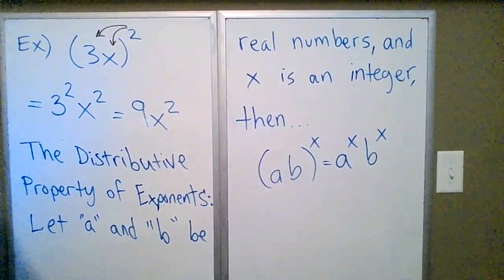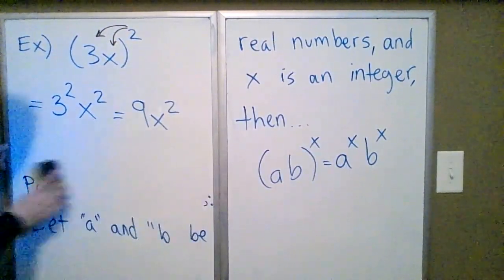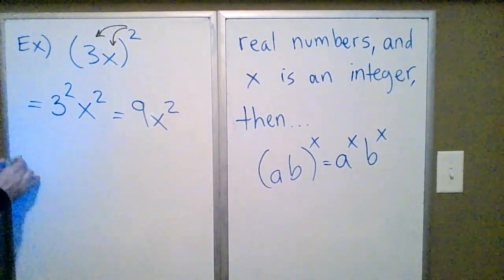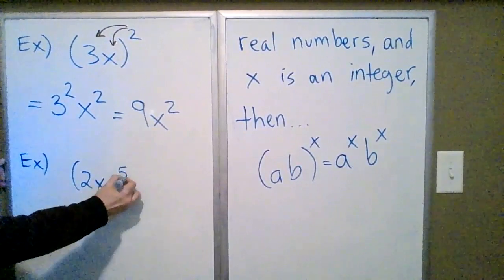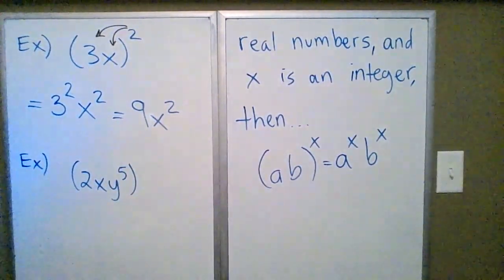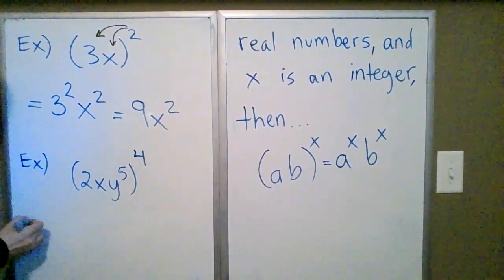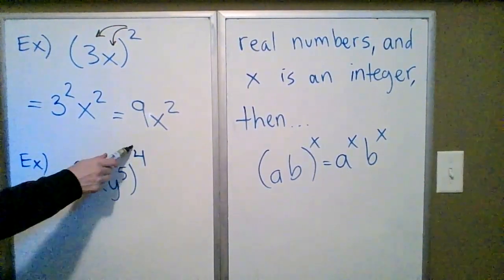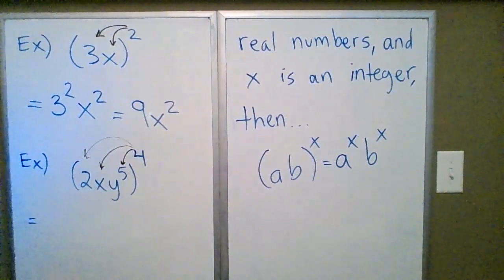We have 2 times x times y to the 5th, and all of that has a power of 4. So we'll have 2 to the 4th, x to the 4th, and y to the 5th also has a power of 4.